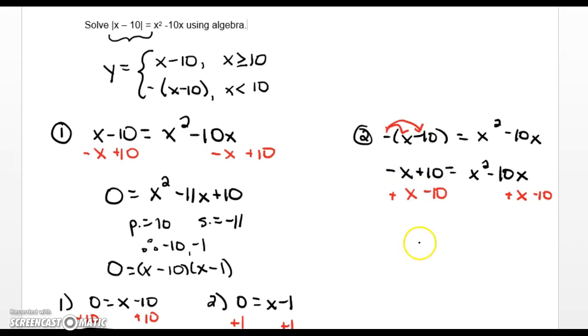On my left-hand side, I get 0 is equal to x squared, and negative 10x plus x is negative 9x, and then subtract 10.